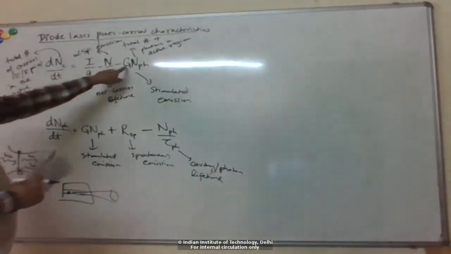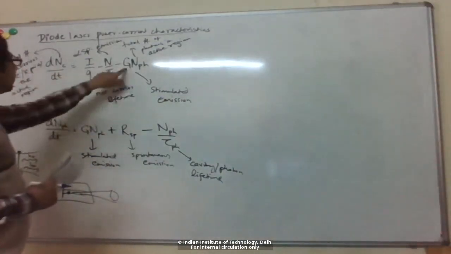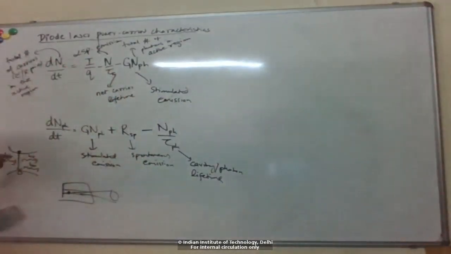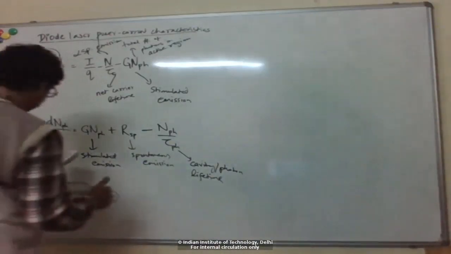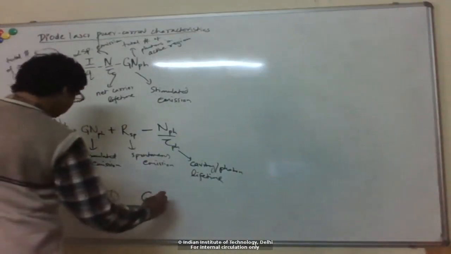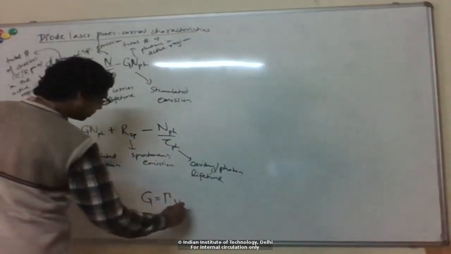So this proportionality constant G here, that's something like the gain, which depends on this population inversion, right? How many carriers I have in the excited state. So this capital G here is related to this small g that we discussed last time.